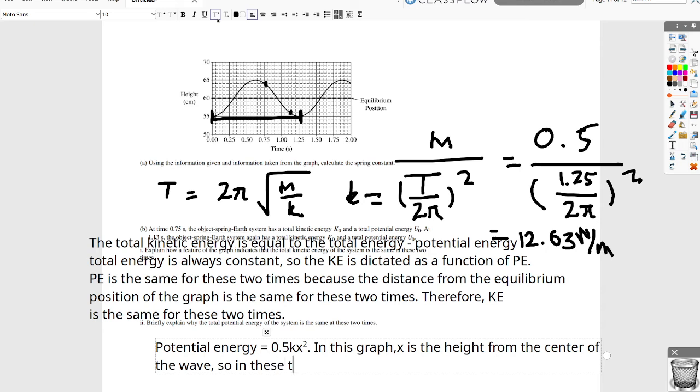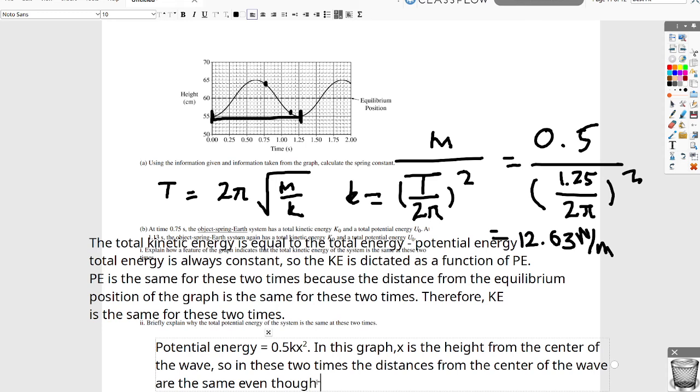So in these two times, the positions and the distance from the center of the wave are the same. Even though they are in opposite directions from the center, the square negates it. There you go.